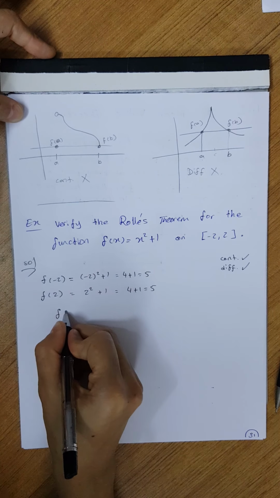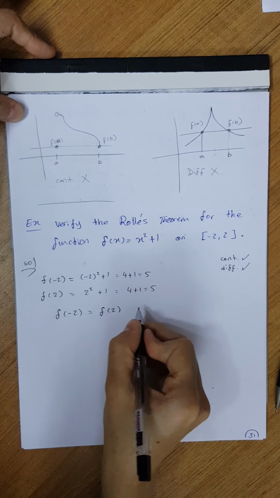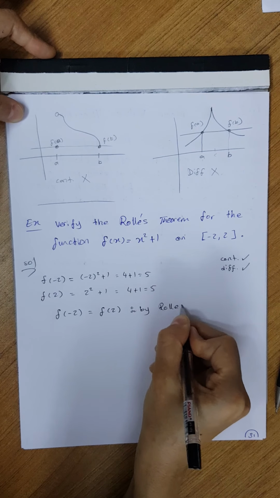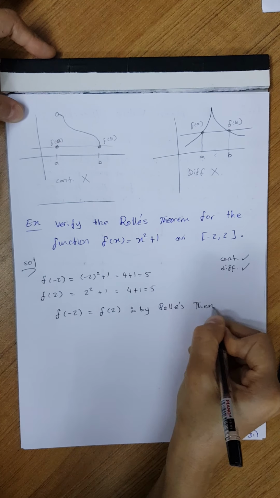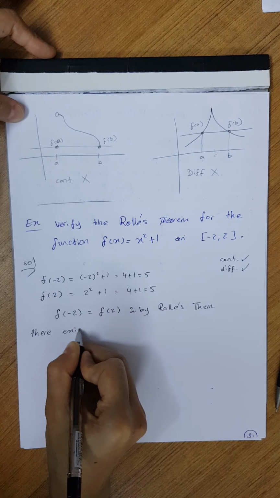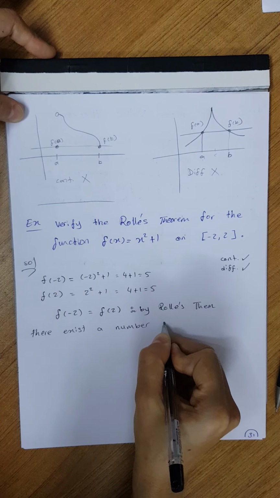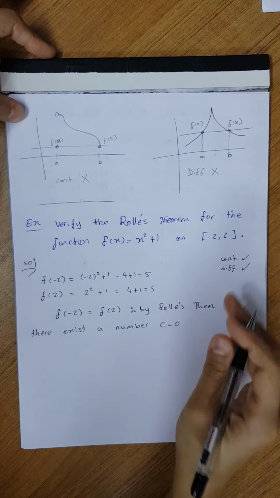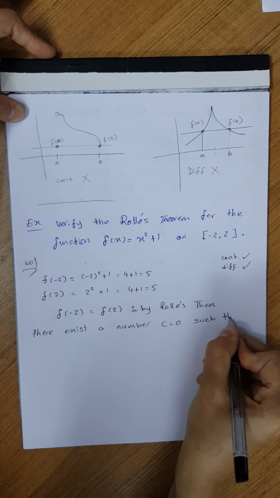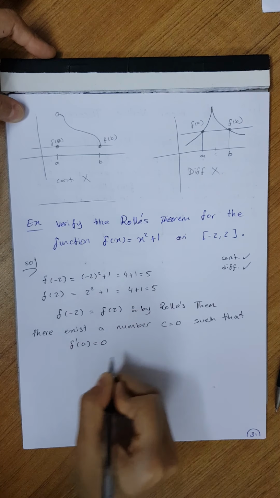Since f of -2 is equal to f of 2, by Rolle's theorem there exists a number c, which is 0, the number between -2 and 2, such that f prime of 0 is equal to 0.